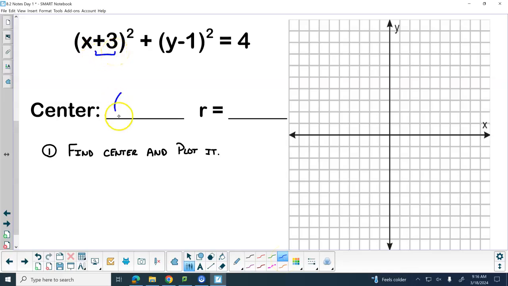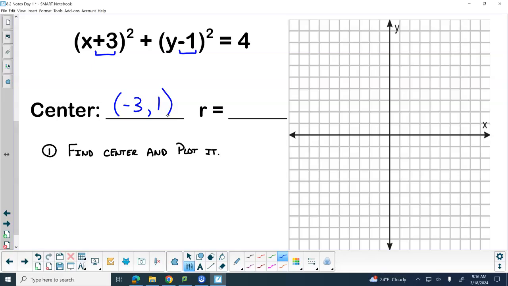For my x part, that's going to be negative 3. We think oppositely there, so we get 1 there. Where do I plot the point (-3, 1)? Two directions, two numbers from the origin. 3 to the left and 1 up. I would concur with that.